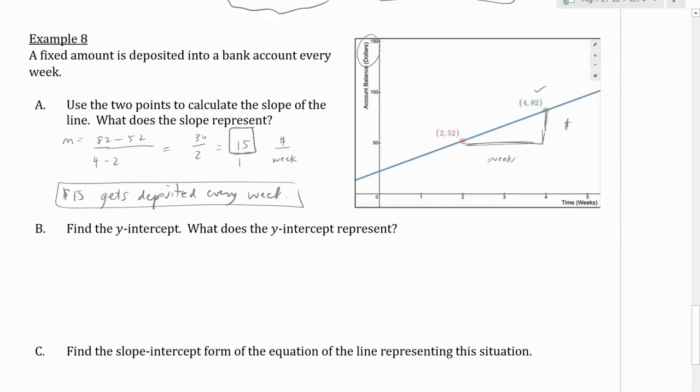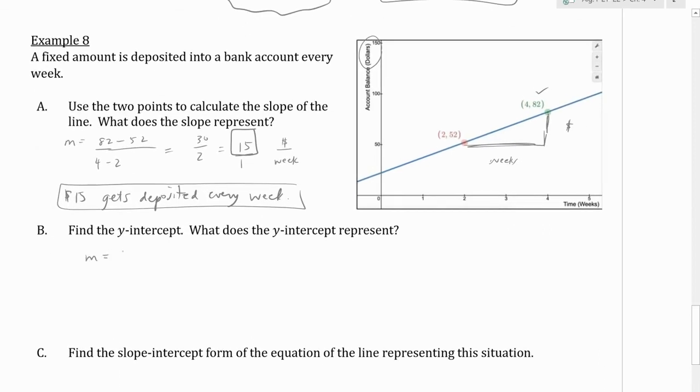Find the y-intercept. Okay, so we know what the slope is. It's 15. We've got 2 points to pick from. I'm going to pick 2 and 52 because they're smaller numbers. So 52 is 15 times 2 plus b, and I subtract 30 from both sides. b is 22.